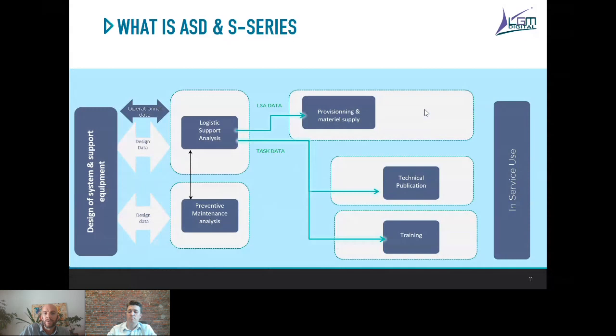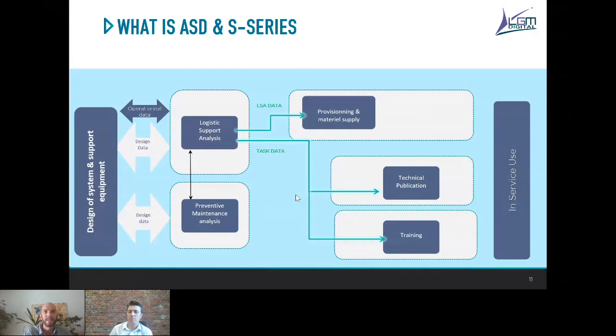But in this domain of provisioning, they will add a lot of information on each part. For one part, for example, you can have sometimes between 50 to 70 data, like the size, the weight, or sometimes the number of parts. For example, the number of parts you will add per packaging.